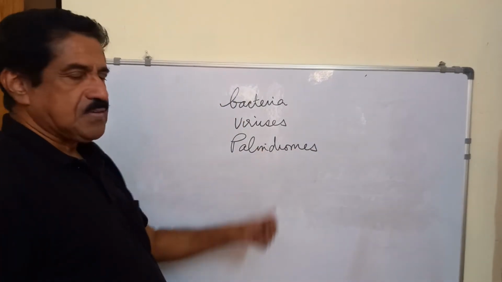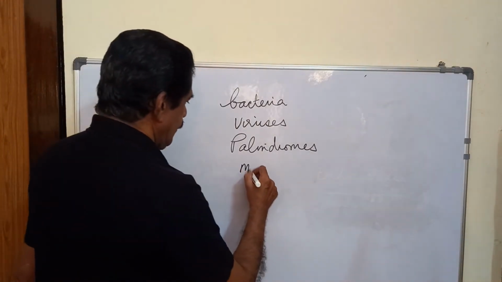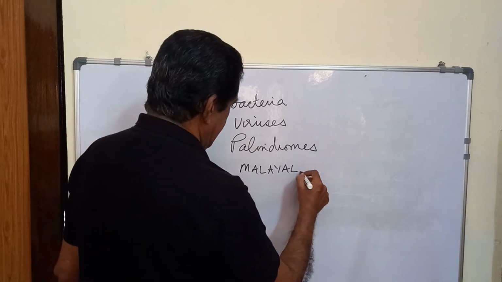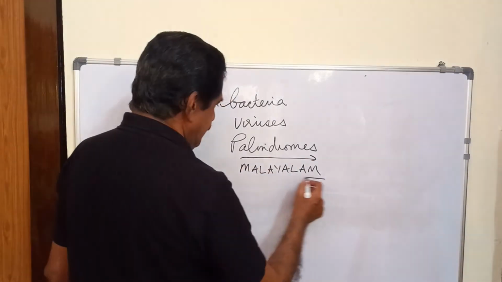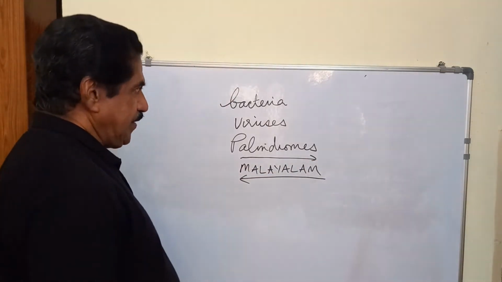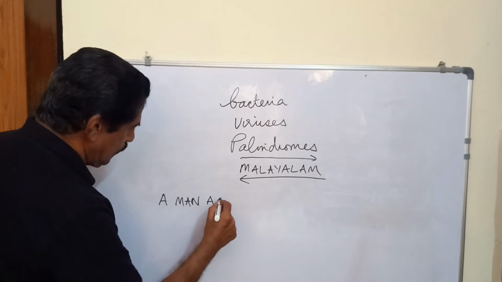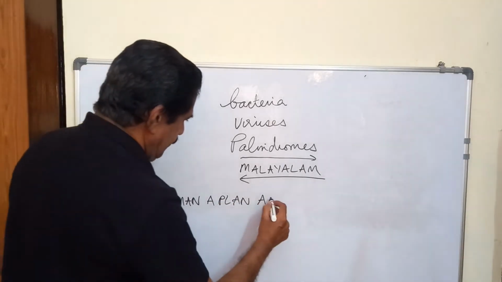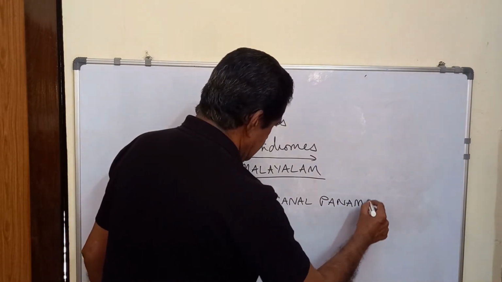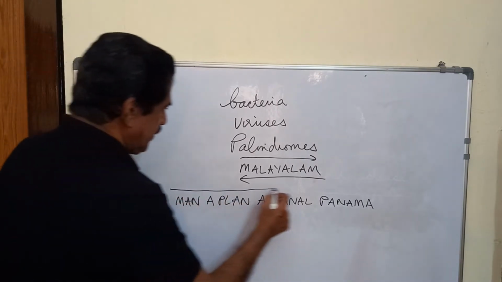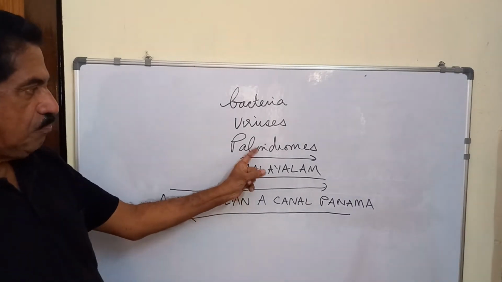A palindrome is a word or a sentence which can be read in both directions. Example, the word Malayalam is a palindrome. You can read it in this direction and in this direction. Another example, a man, a plan, a canal, Panama. This also you can read in both directions. Such words or sentences are called palindromes.